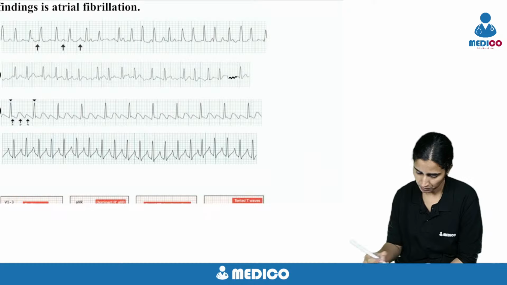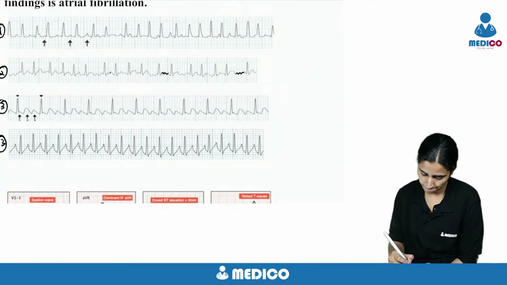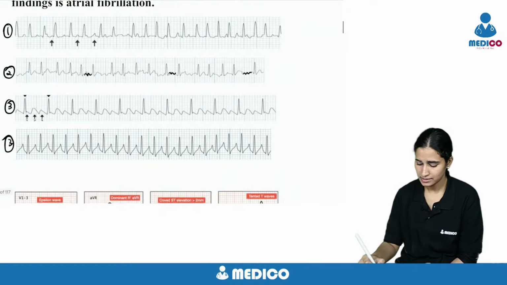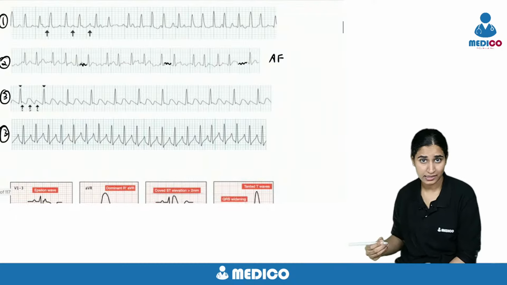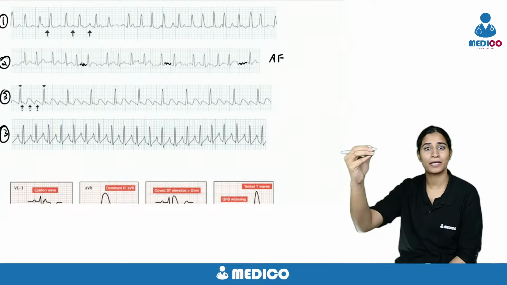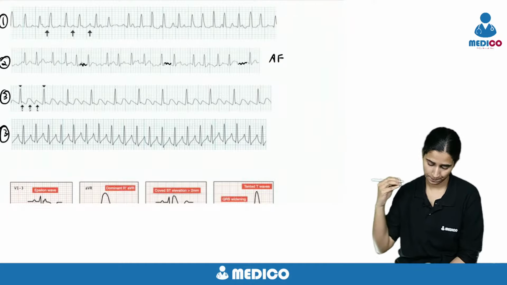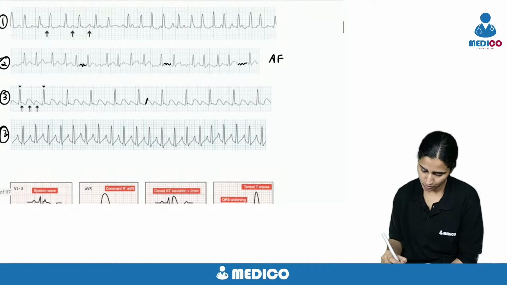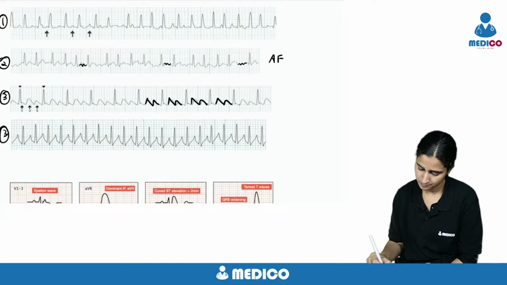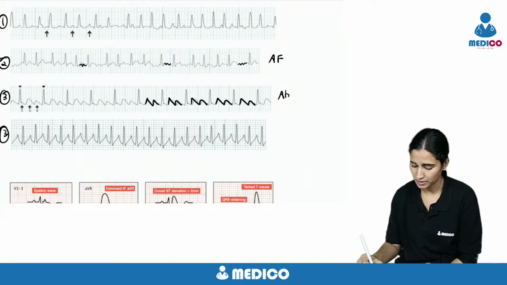So here are the fibrillatory waves. This is atrial fibrillation. And if you look at the third ECG, there are beautiful P waves of the same morphology and then comes a QRS complex. So sawtooth P waves. This is atrial flutter.